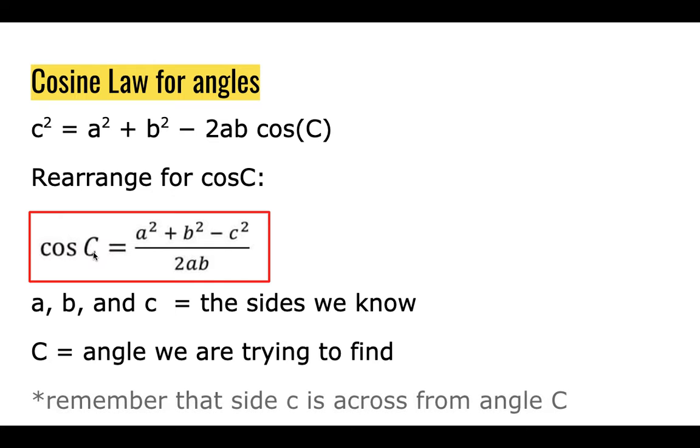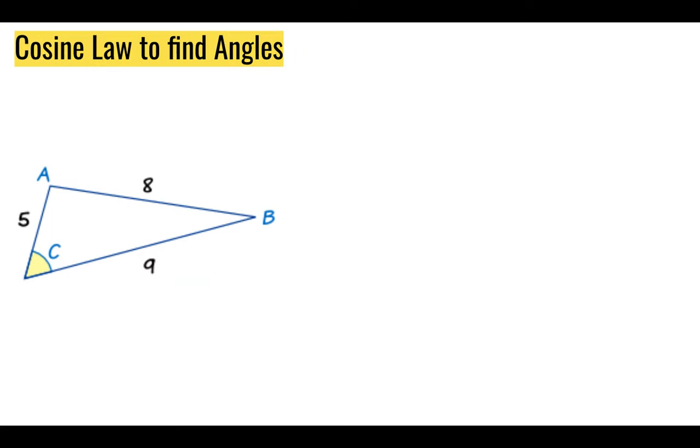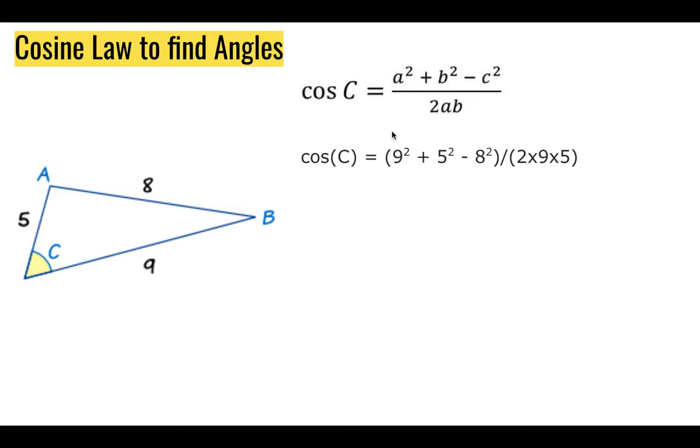Okay, so let's do an example here. So we'll go back to that triangle. So let's start with our equation, our cosine law to find angles, a squared plus b squared minus c squared all over 2ab. So now our next step is to put in the numbers for all of our letters. So little a is the side across from angle A, so 9. So I put 9 in for all my a's.